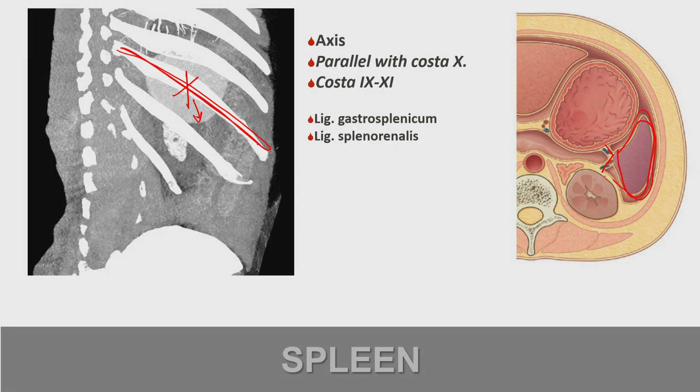Then it's very important that bleeding from spleen is rapid into the peritoneal cavity and could go to exsanguination and hypovolemic shock. The spleen is fixated by gastrosplenic and splenorenal ligaments.